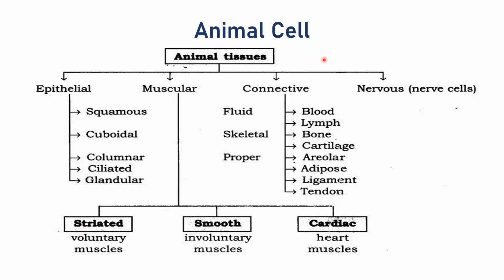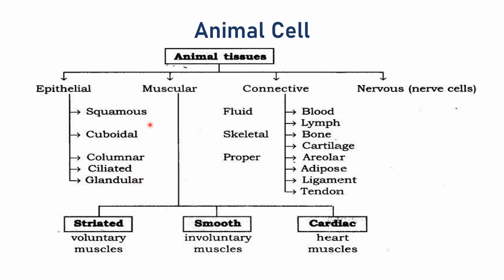cell, animal tissues. They are basically divided into epithelial tissues, muscular tissues, connective tissues and nerve cells or nervous tissues, right? Epithelial tissues are further divided into squamous, cuboidal, columnar, ciliated and glandular epithelial.